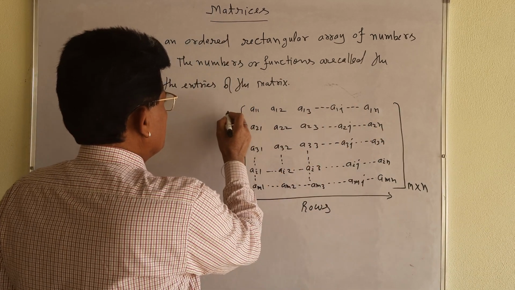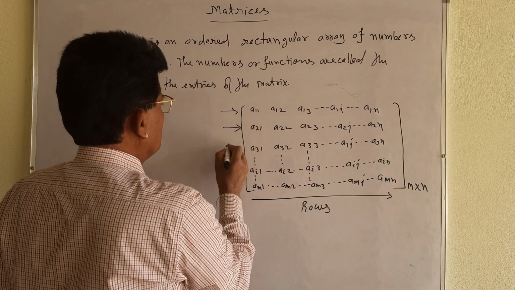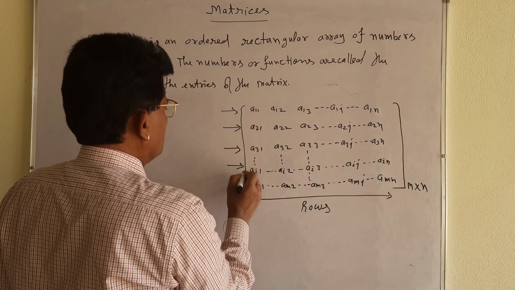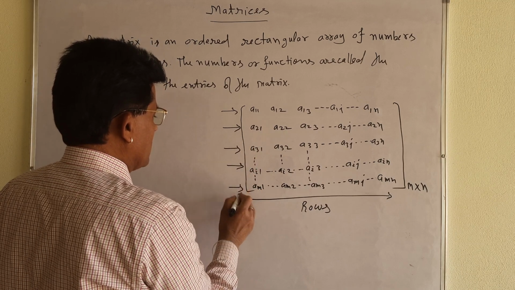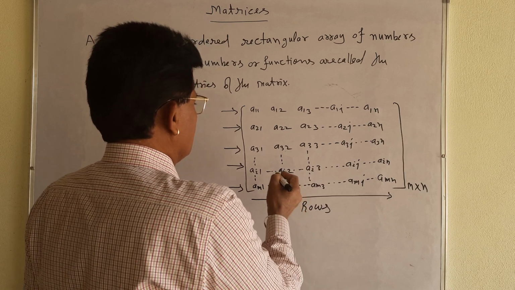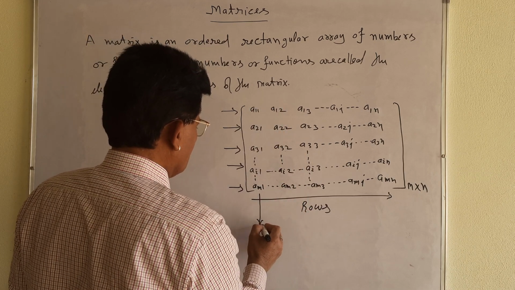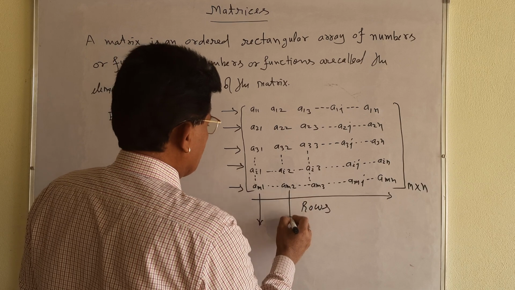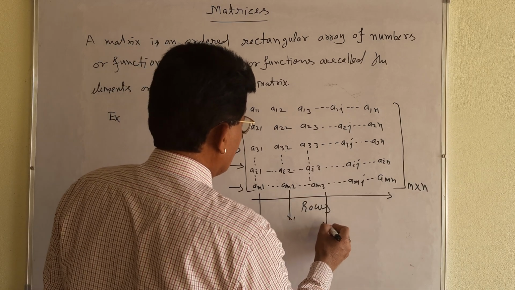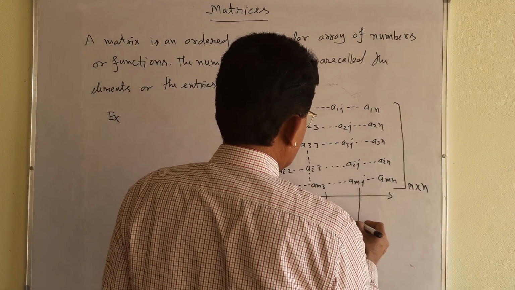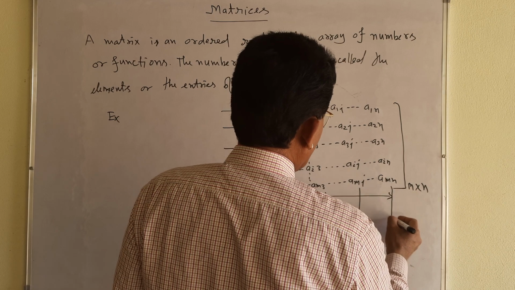First row, second row, third row, ith row or mth row. Similarly, first column, second column, third column, and jth column or nth column.